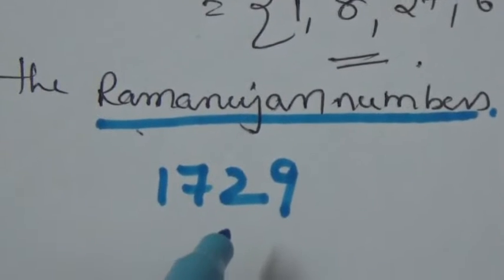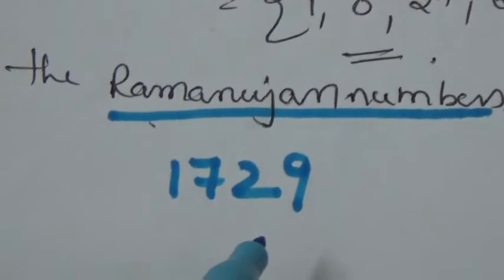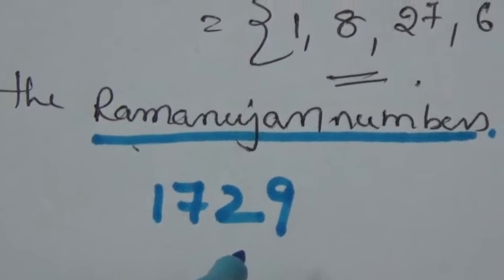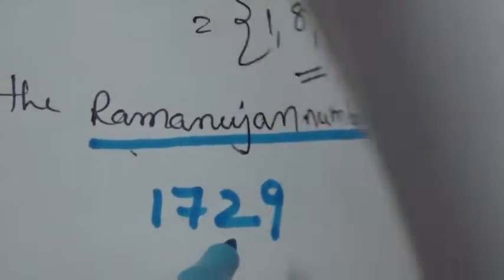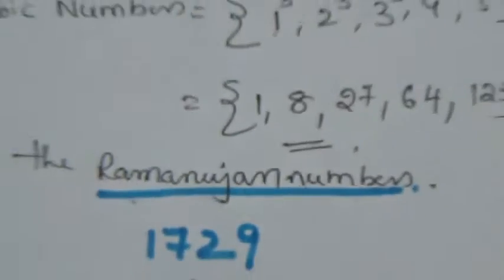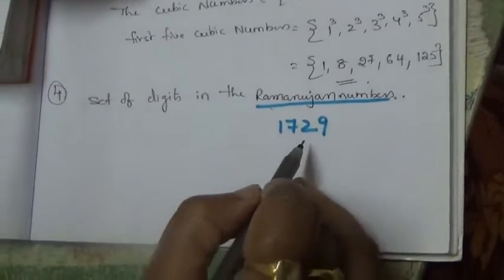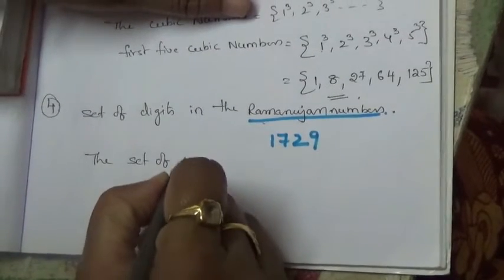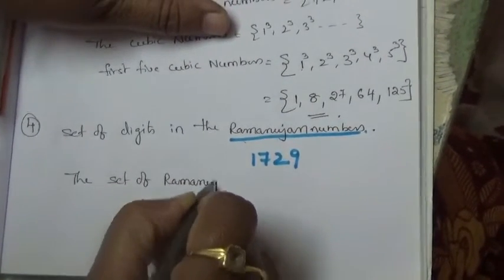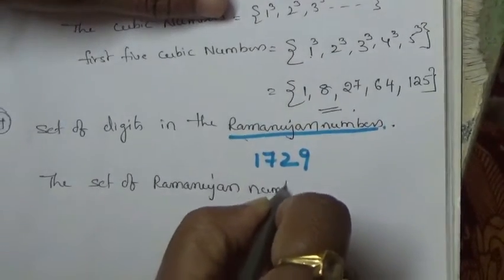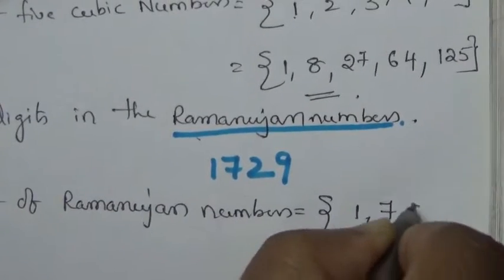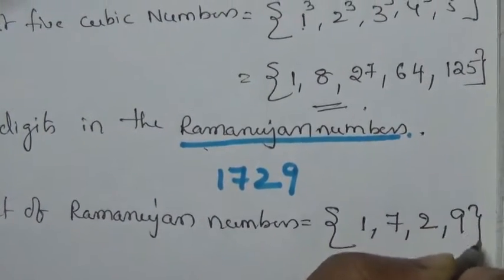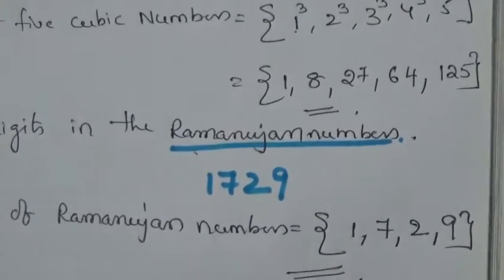Because this number is the smallest number that gives the sum of two cubes in two ways. So the set of Ramanujan number is equal to the set of 1, 7, 2, 9. It is the solution.